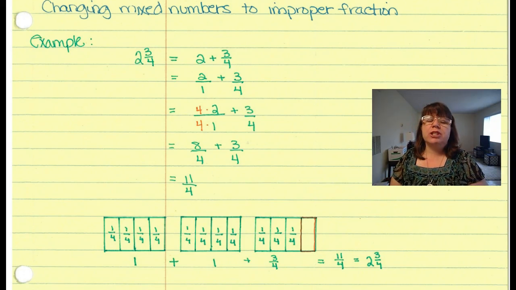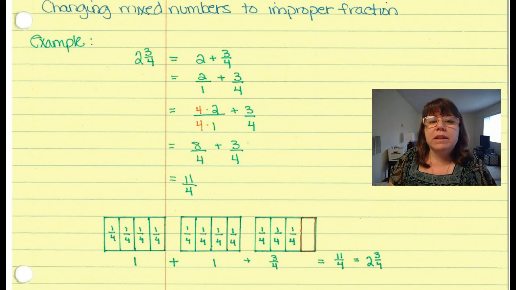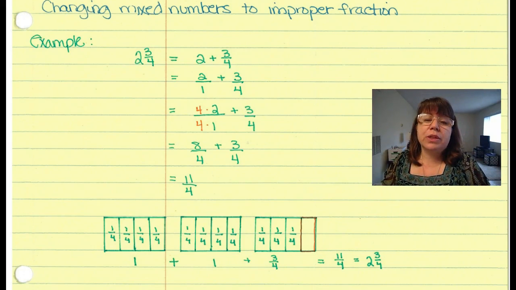So how do we change a mixed number to an improper fraction, and more importantly, why would we want to do that? Well, if we want to consider 2 3/4, which is really 2 plus 3/4, that's 2/1 plus 3/4. But again, with adding and subtracting fractions, we need our denominators to look the same before we add the numerators.